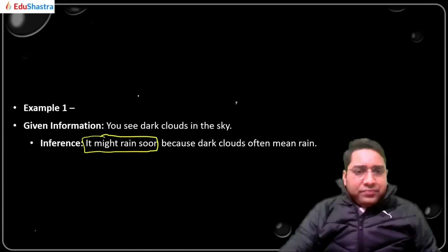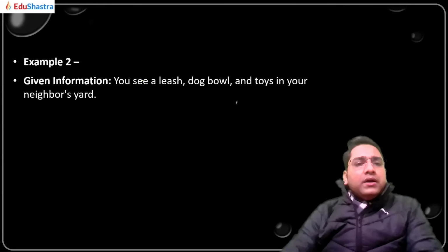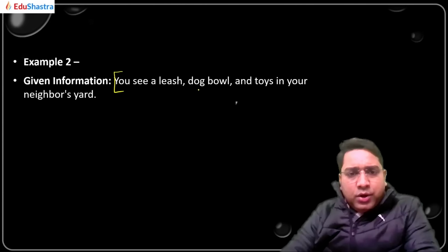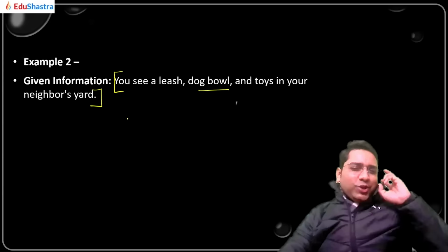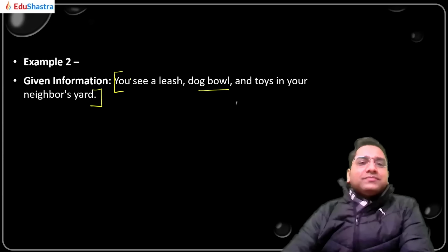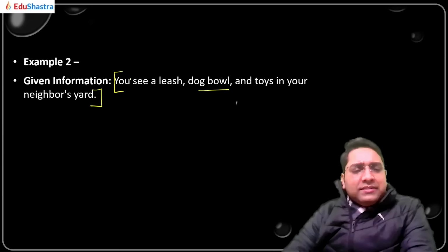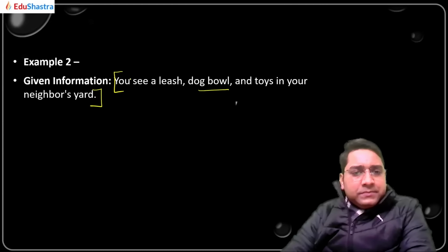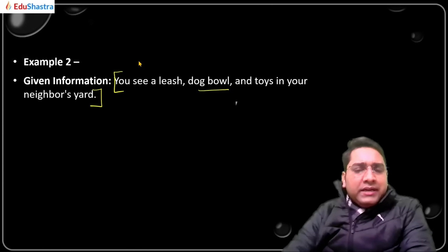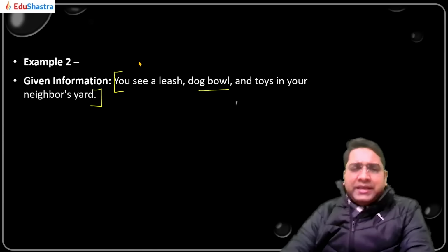It's very simple. Second thing, you see a leash, a dog bowl, and toys in your neighbor's yard. So, what thoughts will you get? These will be inferences. What thoughts will you get? They have a dog.